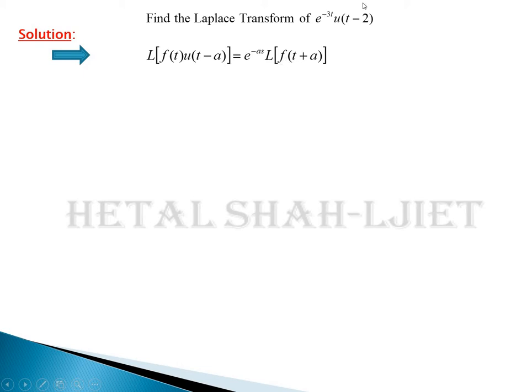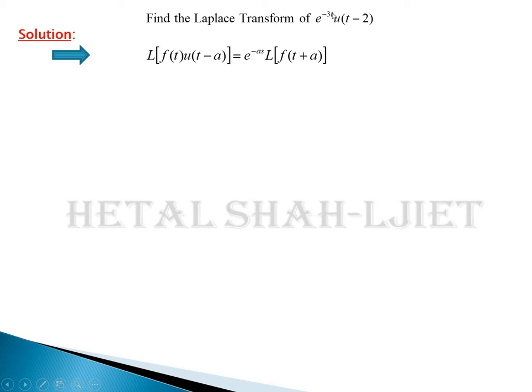For solving this example, first you have to recognize what the function of t is. Please compare both values: your function of t is e raised to minus 3t, and what is your a? Your a is 2.